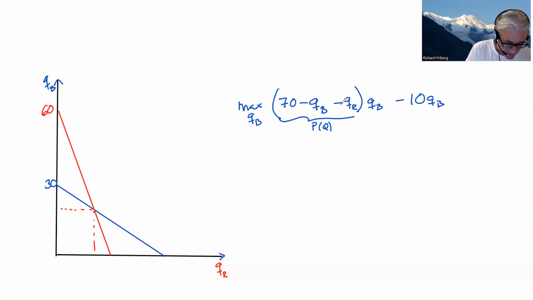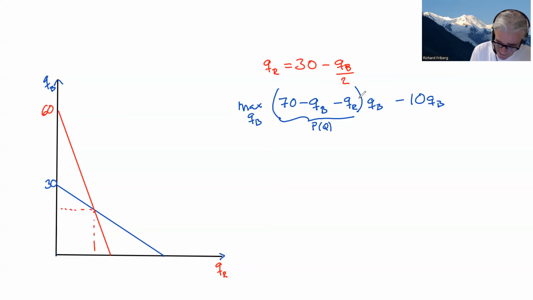What we do now, when we're in the case of blue, is that this is not going to be constant. If we're blue, we're assuming that red is wanting to do as well as possible, given what blue decides. This is QR. What's that? Well, that's given by red's best response function.